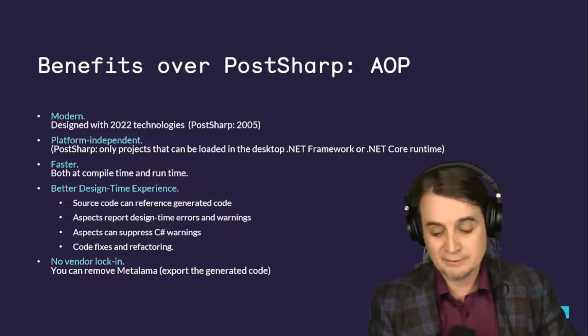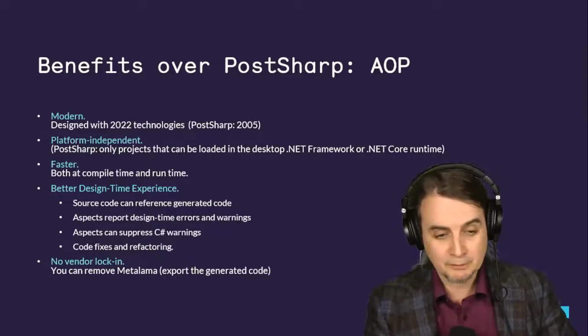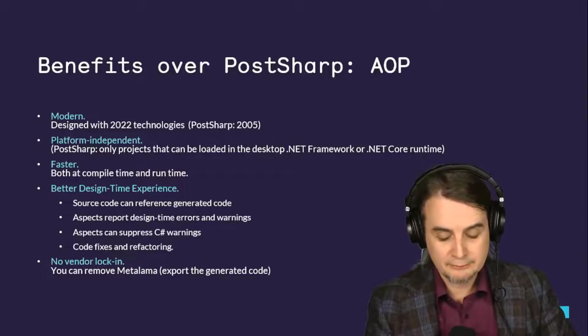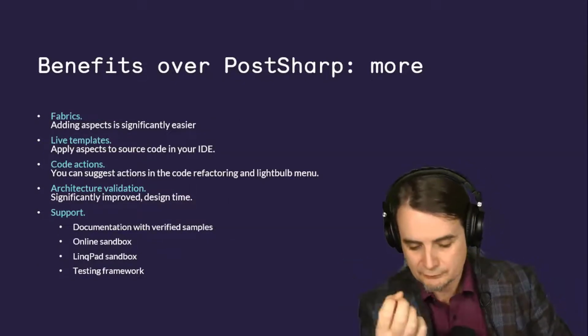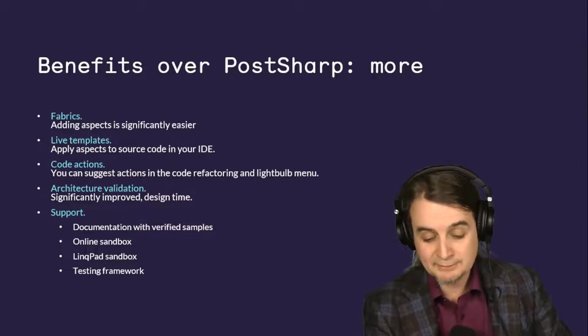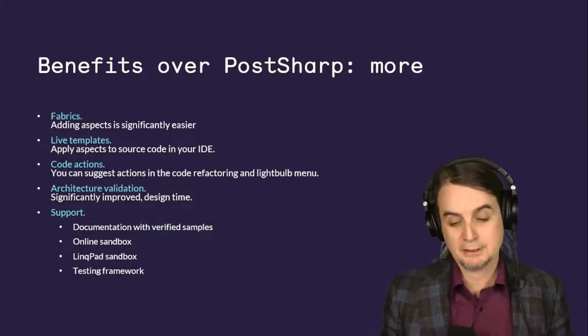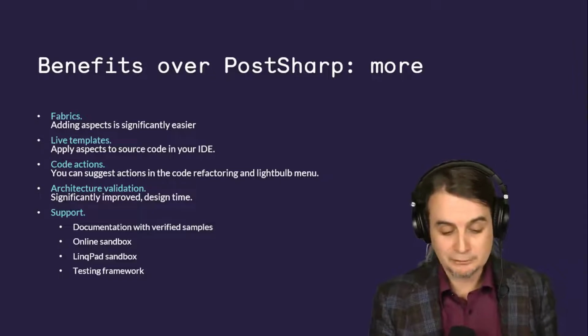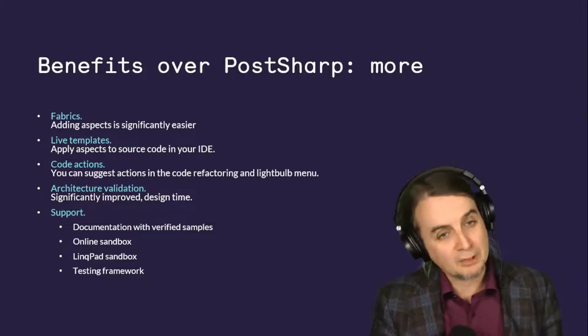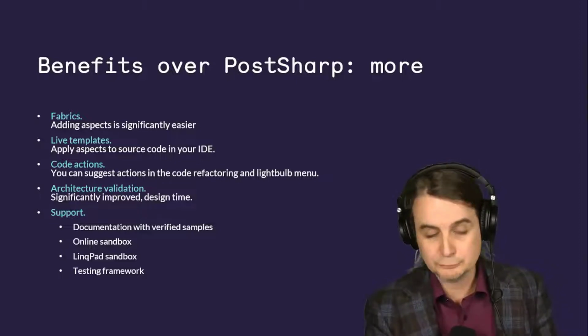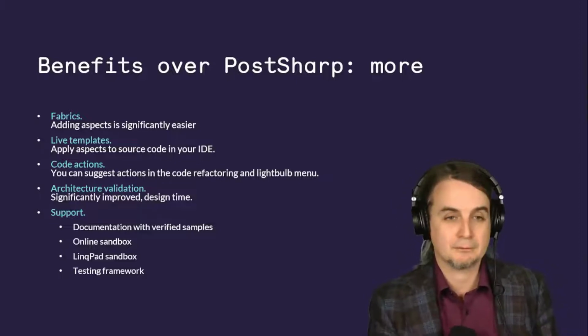With Metalama, you have an exit door because you can always generate the code back. The problem is that this code is not idiomatic C#, but this is C#, and you can use other refactoring tools to reformat the code to something that is more idiomatic. And we are going to try harder to make the code nicer.